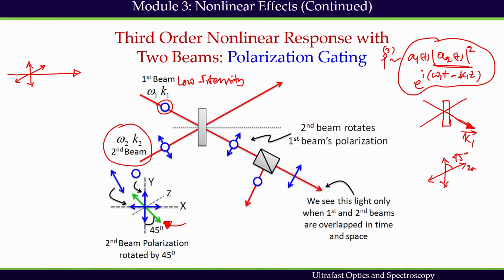This is the second beam and this is the first beam. Furthermore, the second beam is intense enough to induce a nonlinear third order response, which will affect the weak field of the first beam. That's what we would expect. So this is intense enough and this is low intensity.